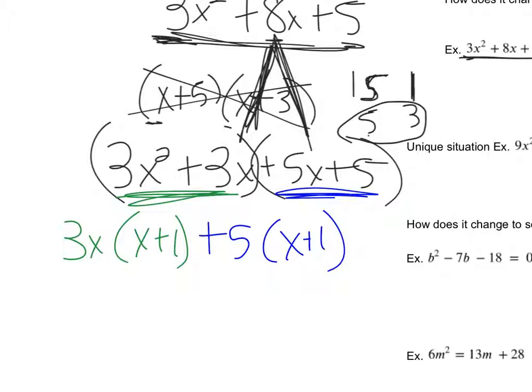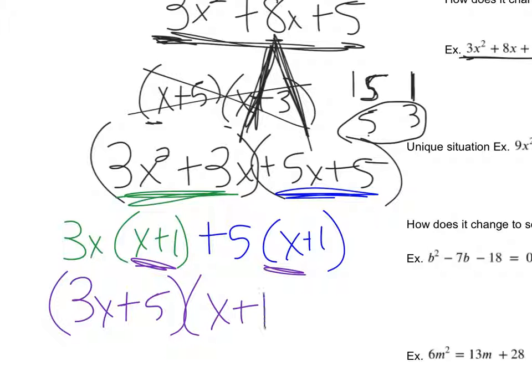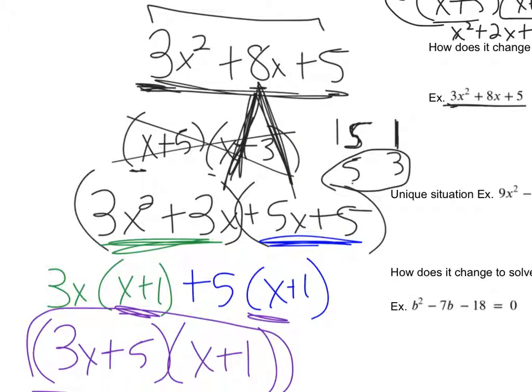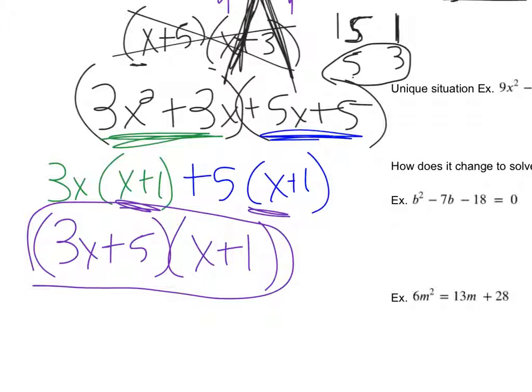Now, notice that these are the same. So my factored answer becomes 3x plus 5 times x plus 1. There's my factored answer. And notice the sign thing still holds up. I have plus, plus, which means my signs should be the same, and they're both positive.